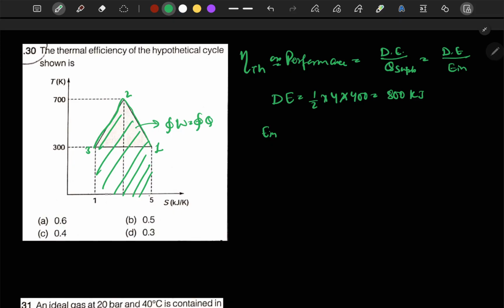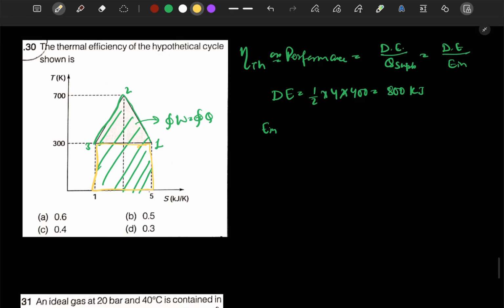And if we consider only this part, this part will be rejected energy, and that will be rejected from the cycle. We will see it in further detail in the next lecture, that is of the second law of thermodynamics. So energy inlet will be half into the area of the upper triangle, 4 into 400, plus the area of this rectangle, that will be 4 into 300.